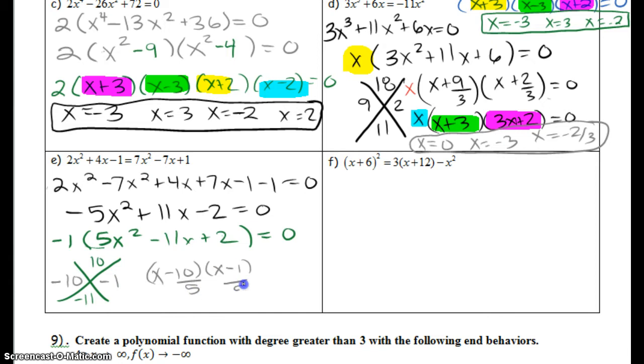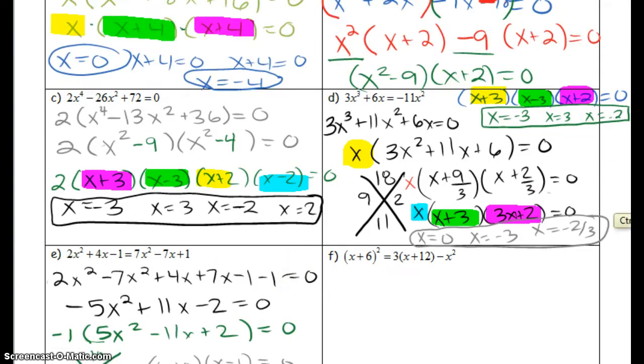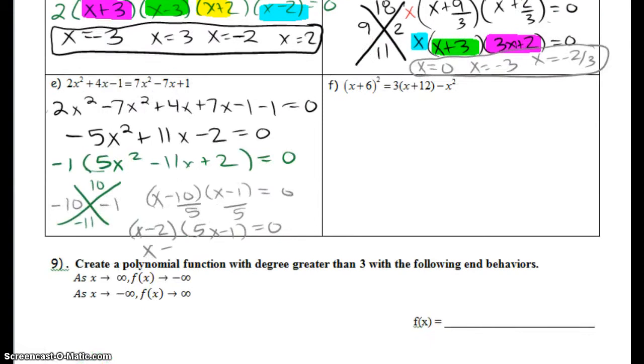Divide by a. 10 over 5 is 2. 5 and 1, can't simplify that, so the bottom comes up. So my 2 solutions are 2, not negative 2. Sorry, let me delete that. So x equals 2, and x equals 1 over 5.